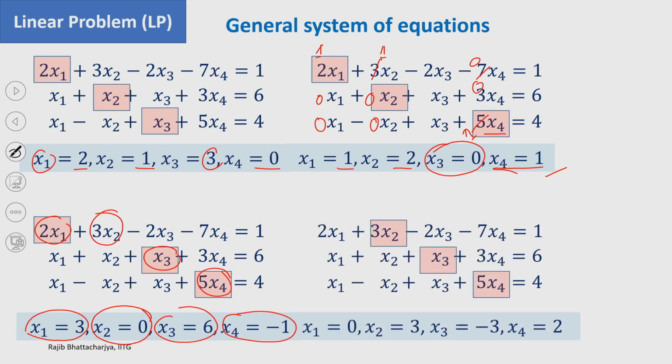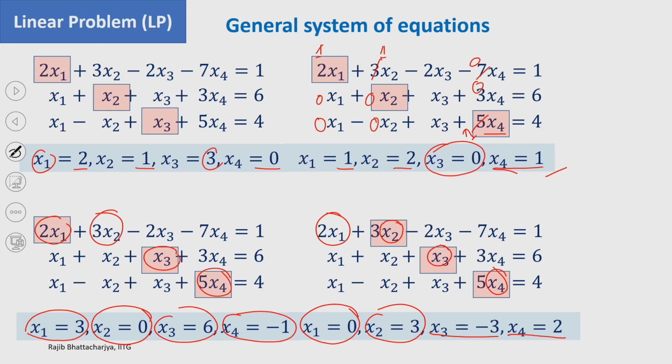Now, in the fourth combination, if I consider that x2, x3 and x4 are basic variables and x1 is a non-basic variable, then x1 will be 0 as it is non-basic, and x2 equal to 3, x3 equal to minus 3, and x4 equal to 2.